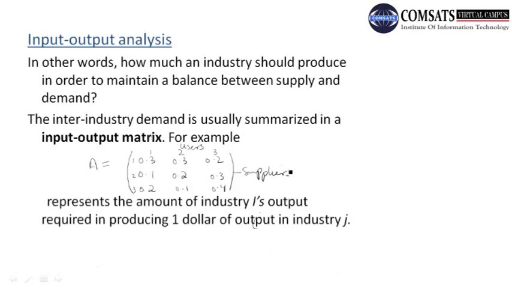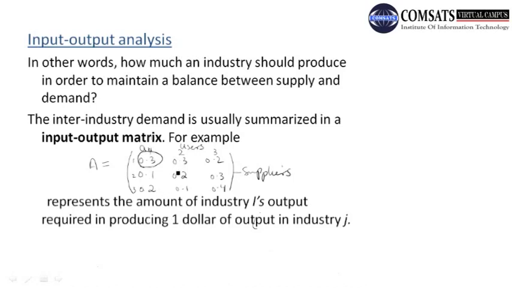So what do these entries Aij of the matrix A represent? For example, the entry A11, that is the entry in the first row and first column, represents that for every dollar of output from industry 1, 30% of this value is contributed by industry 1.